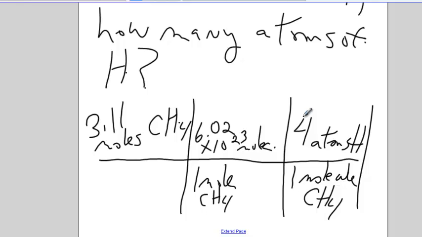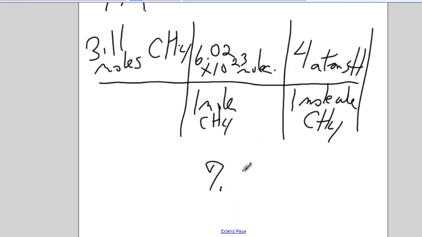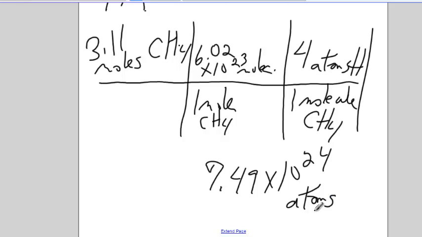So again, now I just multiply this times this times this. 3.11 times 6.02 times 10 to the 23rd times 4 gives me 7.49 times 10 to the 24th atoms of hydrogen.